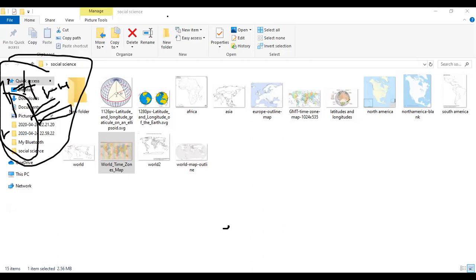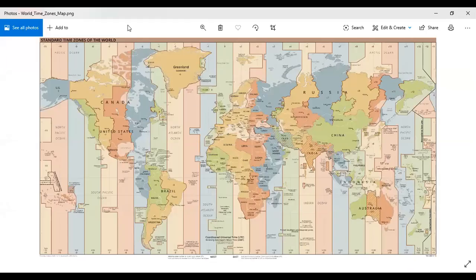Now, let's see it in the context of the world. This is my world, and here is Greenwich, which is considered the prime meridian. This is my 0 degree, and this is the east side.